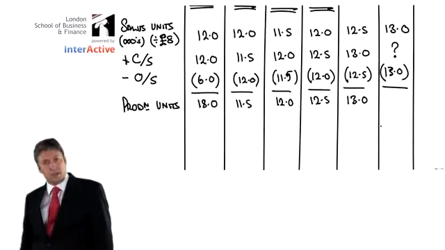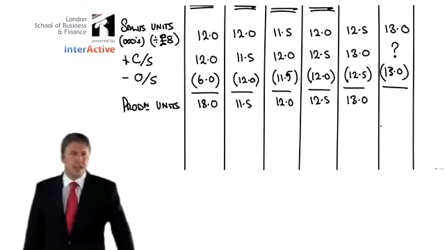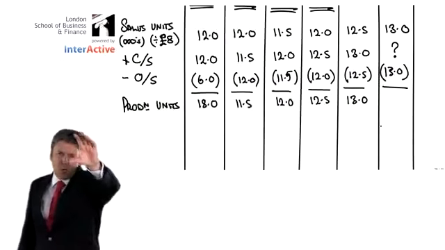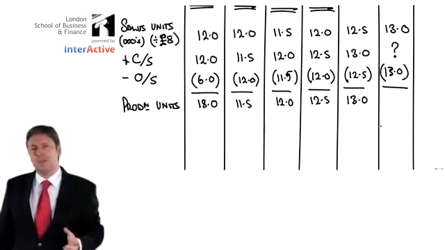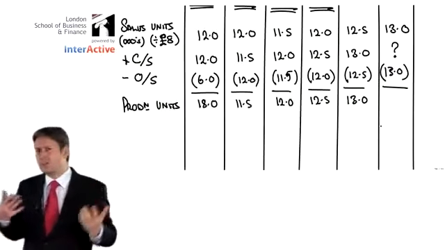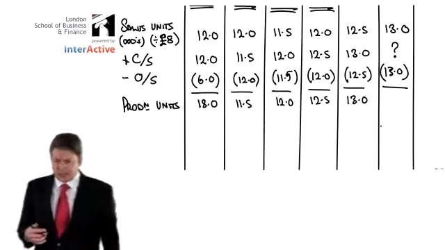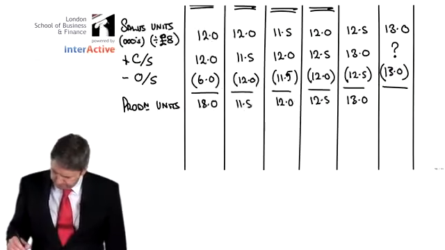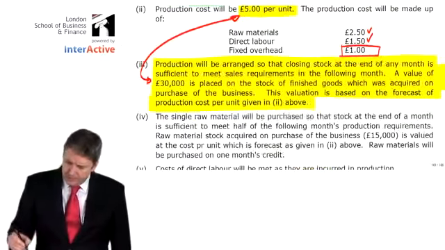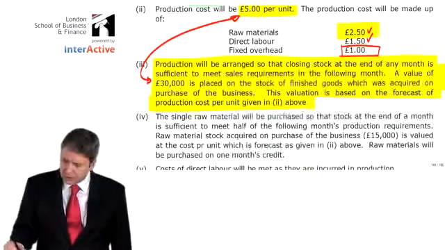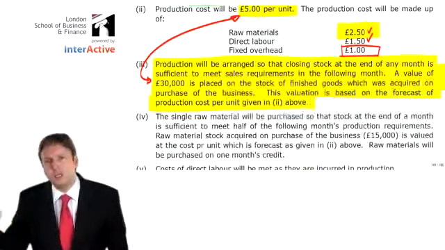Right. Okay. Now, what was the next point? We've got our units. We want to value our materials. Have we got anything that allows us to value the materials? Well, if we go back to the question, if you note up here, we know the raw material cost is £2.50 per unit.